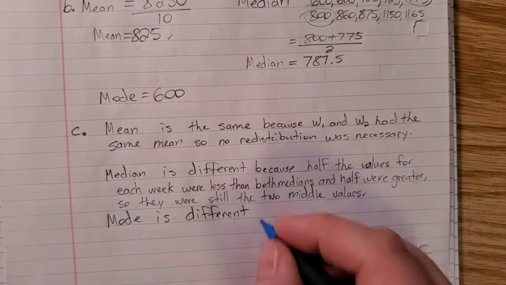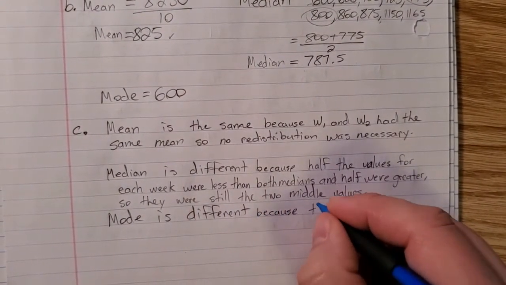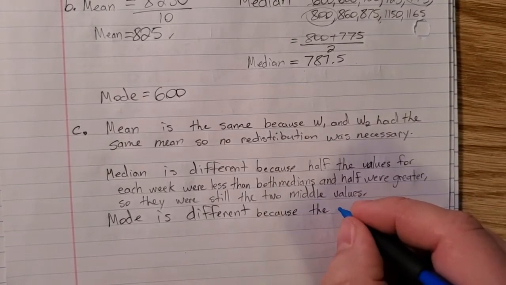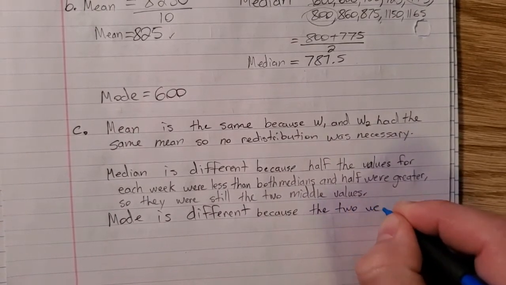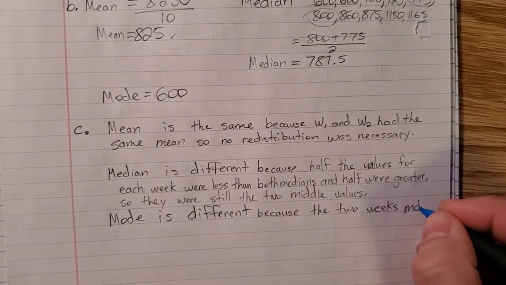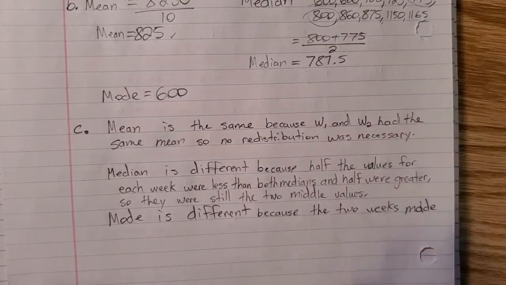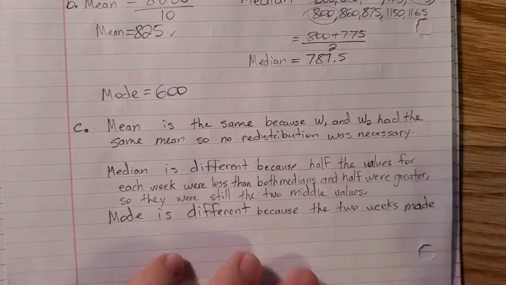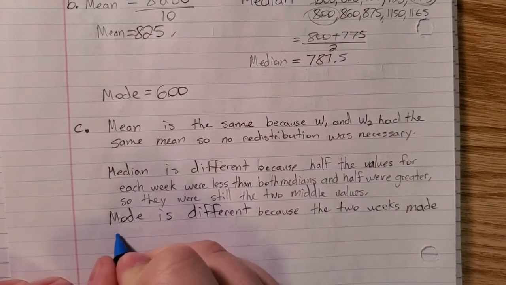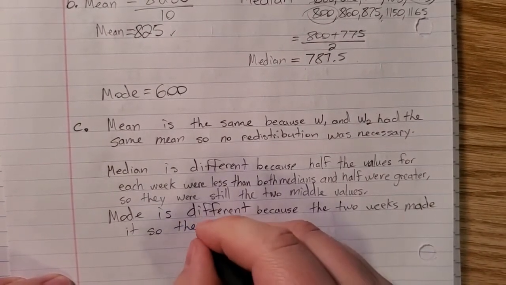Finally, the mode is different simply because the 2 sets, the 2 weeks, made, oh, I almost wrote, skipped my A. Because the 2 weeks made it so there was a duplicate 600.